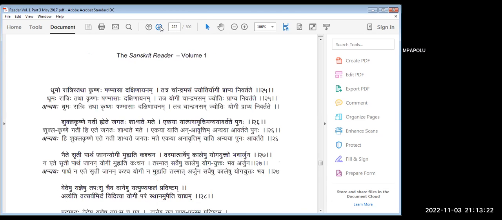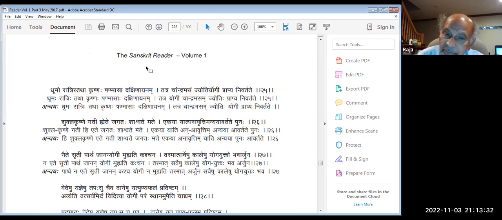Sir, is there a font difference? Previously, when you showed the 7th chapter, the font looked different. Yes, this is the best font developed by a Government of India lab in Pune called CDAC. They developed beautiful software called iLeap, and I use that software to write these books.